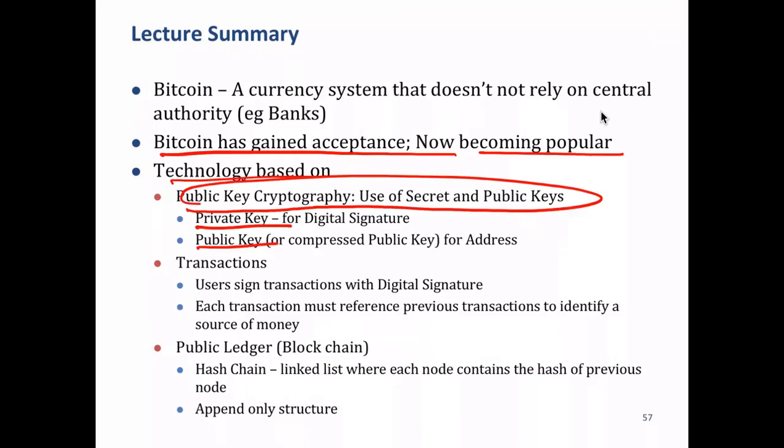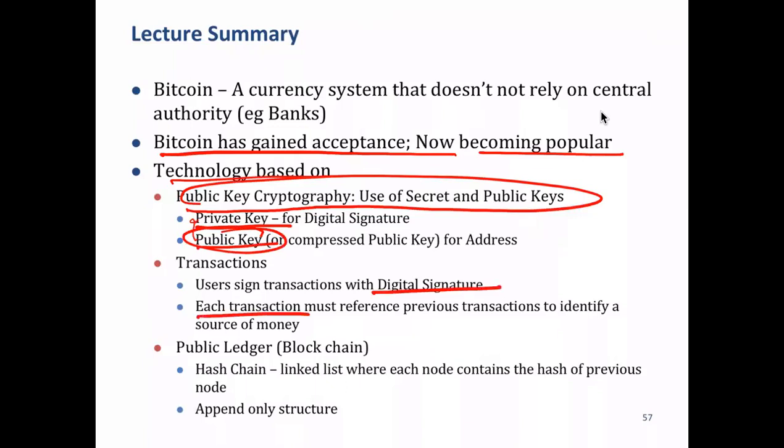So the public key becomes the identity and the private key is required to unlock it and for digital signature. Then each user can spend the Bitcoin, which means that the user, Alice, has to do the transaction, and the transaction is signed by the user's private key, so it becomes a digital signature.